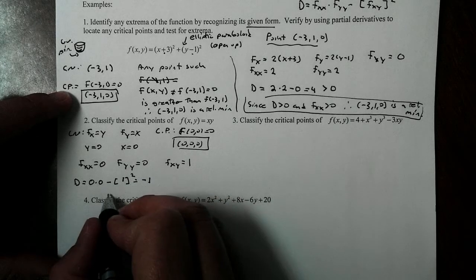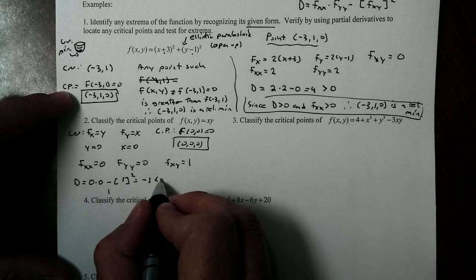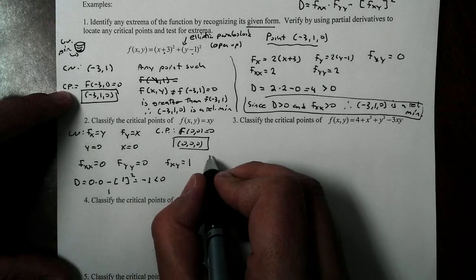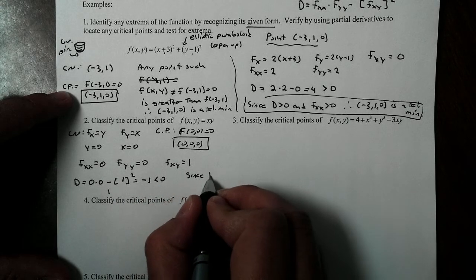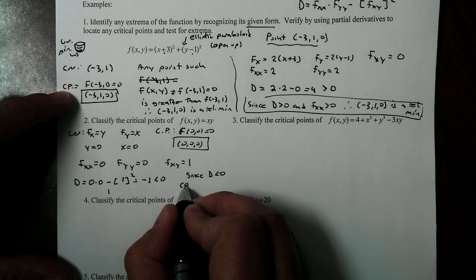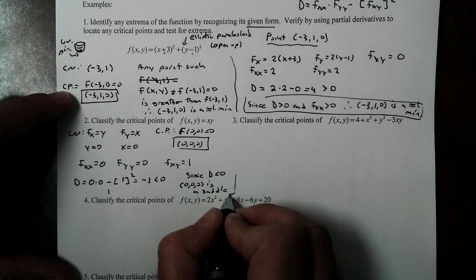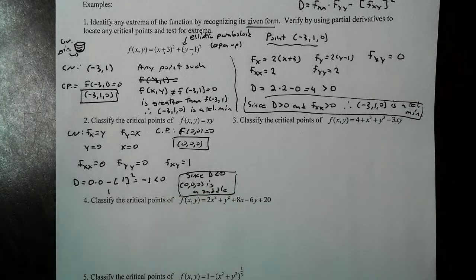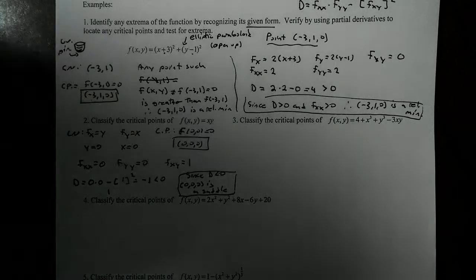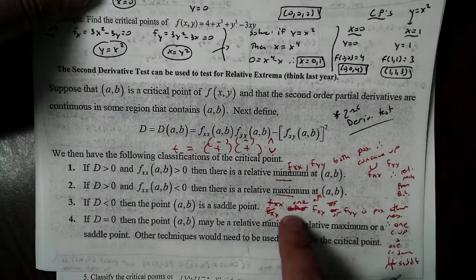So take a look, therefore D is less than 0. It's negative right here. So we can say our rule, since D is less than 0, our point (0, 0, 0) is a saddle. Remember, that's our rule. So if D is less than 0, we have a saddle point right there.